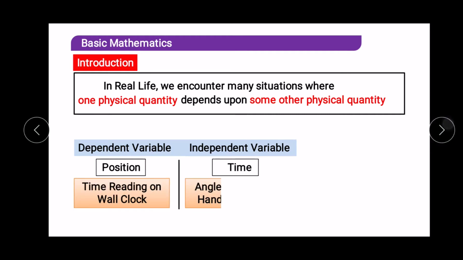Another example: if you look at a clock, the time reading depends on how much the hand has moved. So this is another example of dependent variable and independent variable.